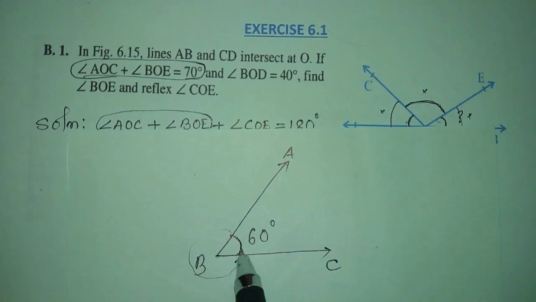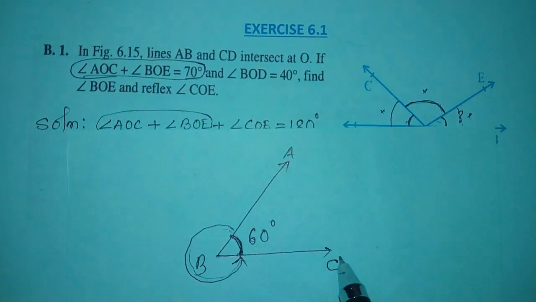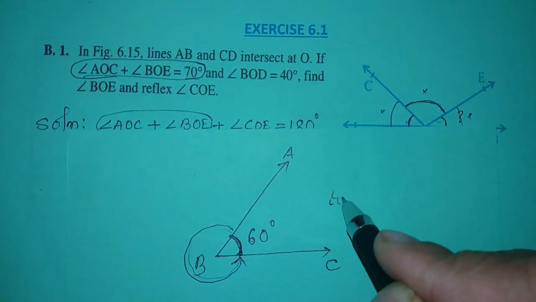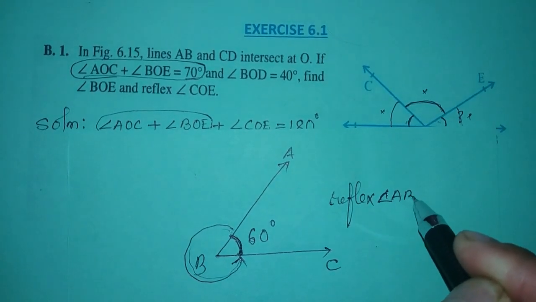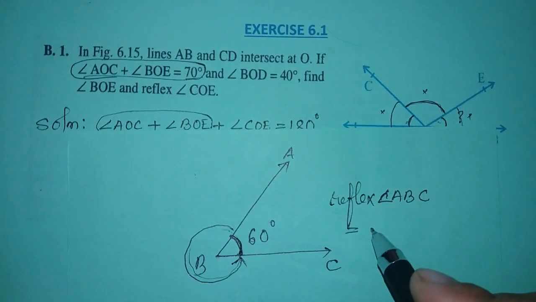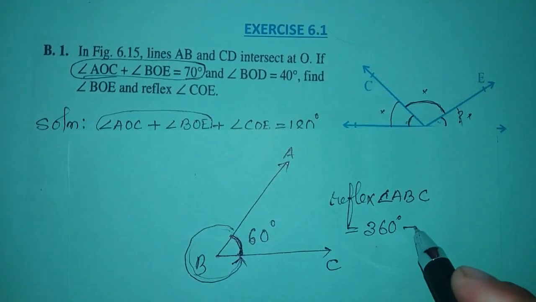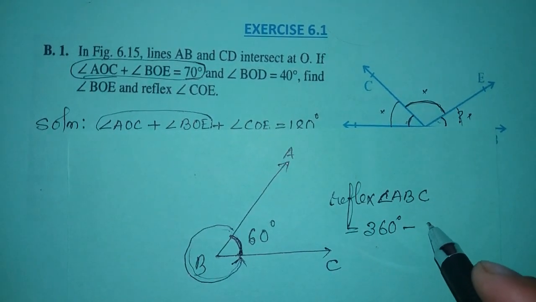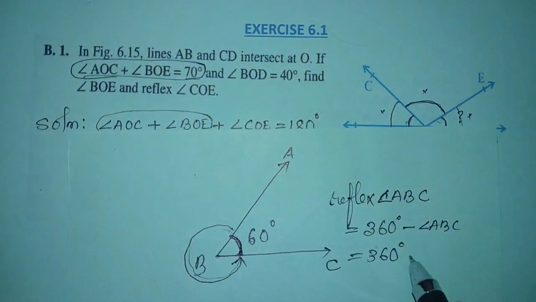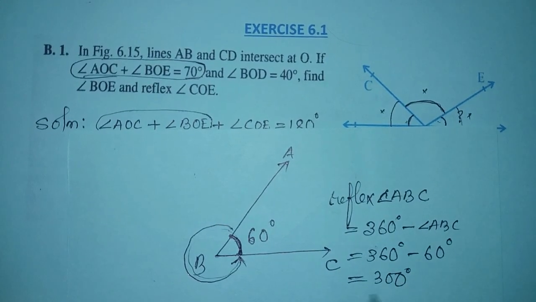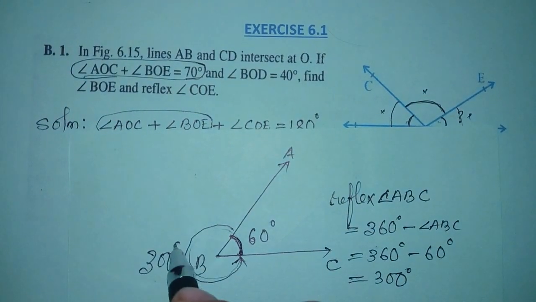Since we already know this portion, which is 60 degree, we can find out this backside angle, which is reflex angle of this angle ABC. So reflex angle ABC will be equal to 360 degree minus angle ABC, which means 360 degree minus 60 degree. This is equal to 300 degree.